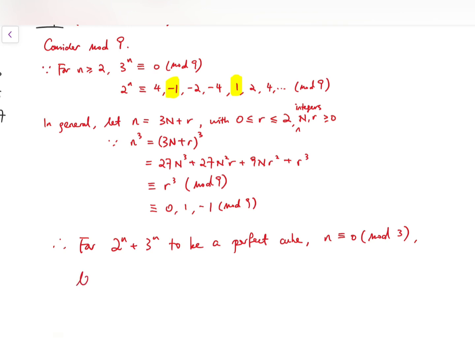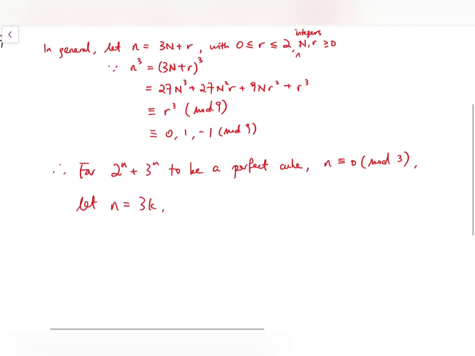So I should let n equals 3k, k being a positive integer.